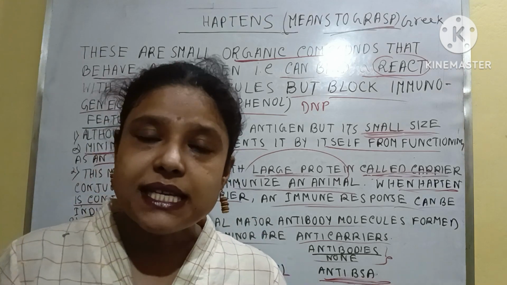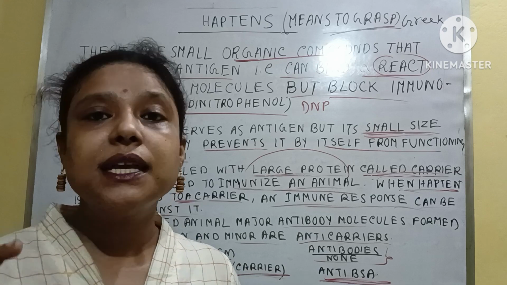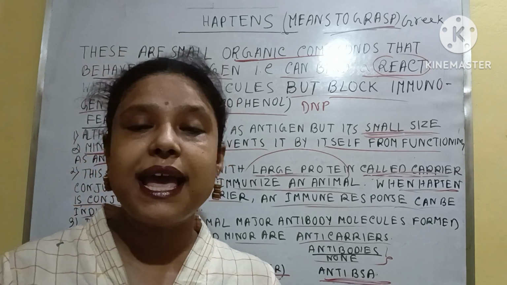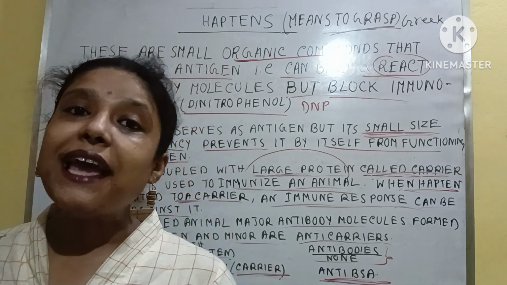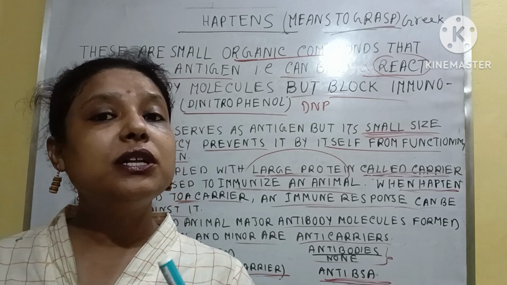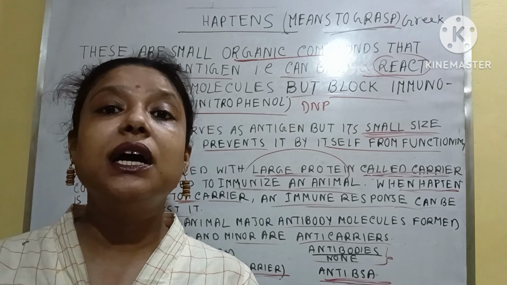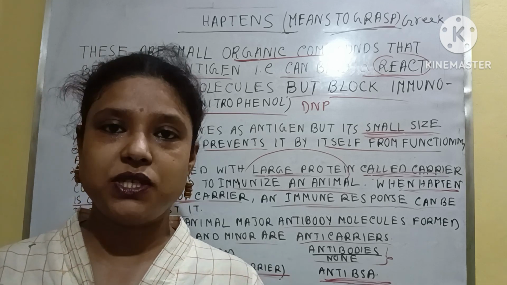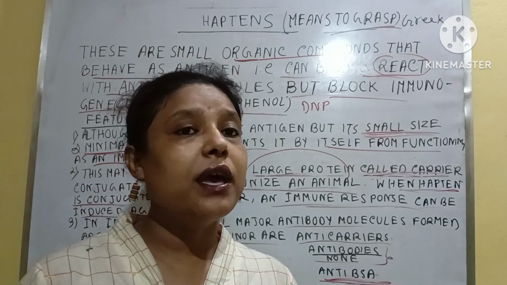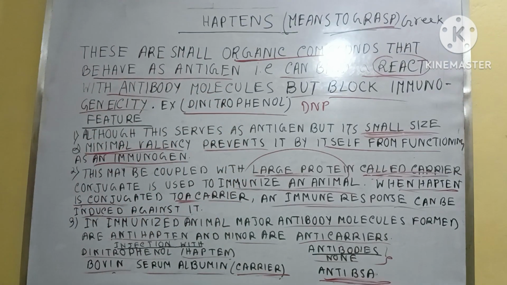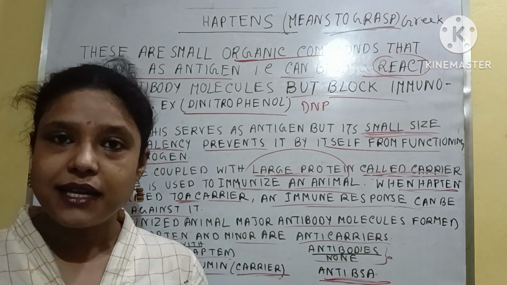It is one kind of organic compound that generally has the capacity to bind with the antibody molecules but blocks the immunogenic activity or reaction. Okay, so this is actually the hapten. Generally these are just like antigen.